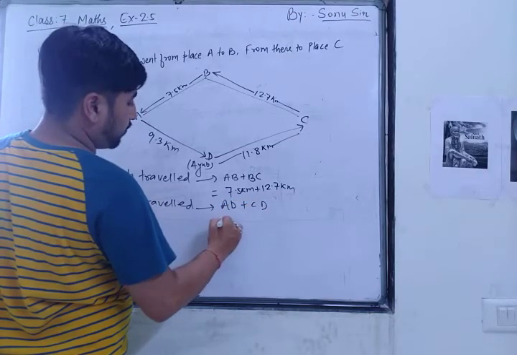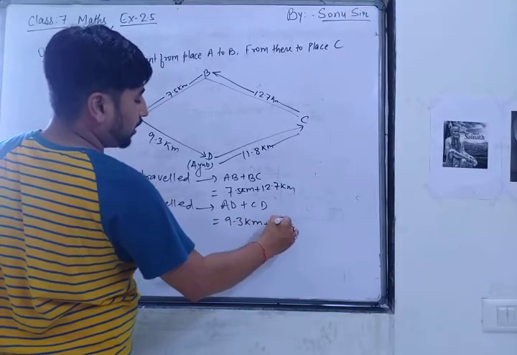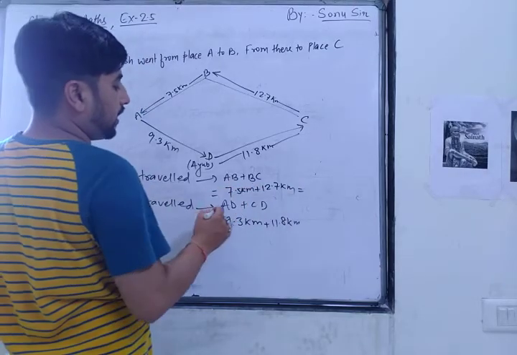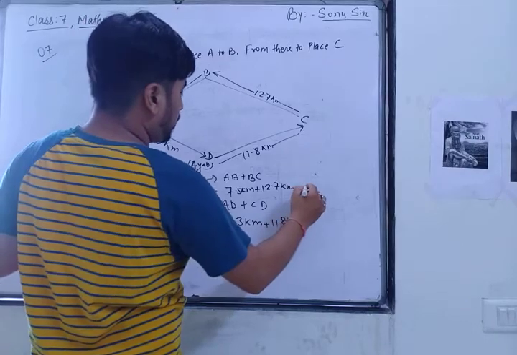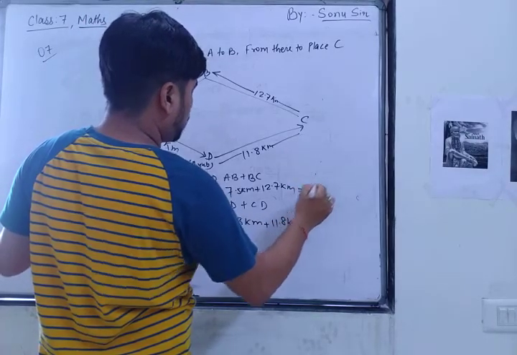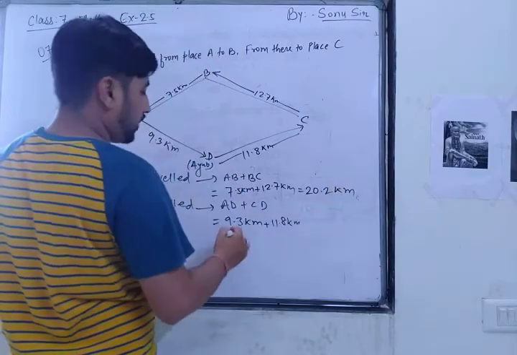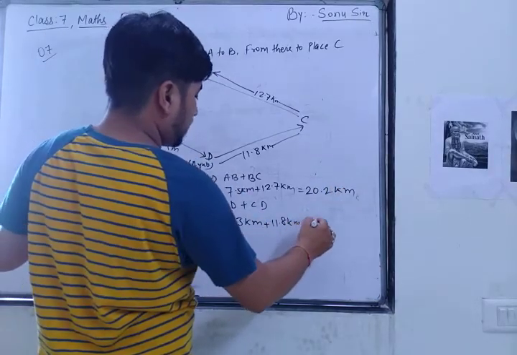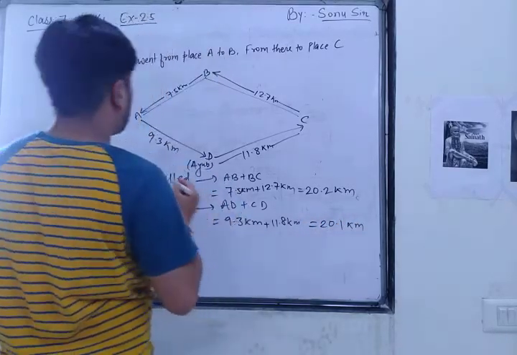AD is 9.3 km and 11.8 km. Just add both the sums. 12 plus 7, 19 and 7 plus 5, 12. So 20.2 kilometer Dinesh traveled. And Ayub 8, 3, 11, 20.1 kilometer Ayub.